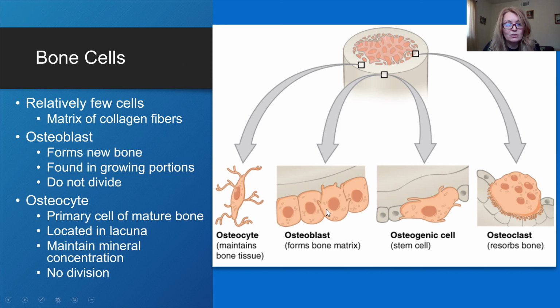They don't divide, but what they do, they secrete the matrix. Osteocytes is this one. Those are primary cells of mature bone located in a lacuna. A lacuna is a pocket of fluid surrounding the cell, and they maintain mineral concentration, and they maintain the matrix. No division either. So osteoblast does not divide. Osteocytes do not divide, right?